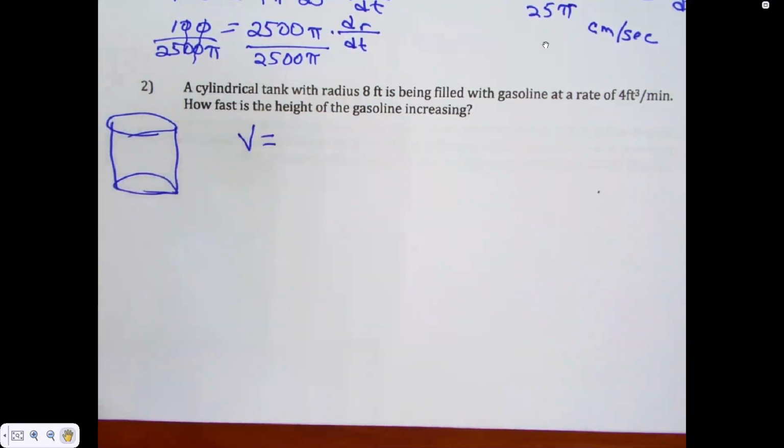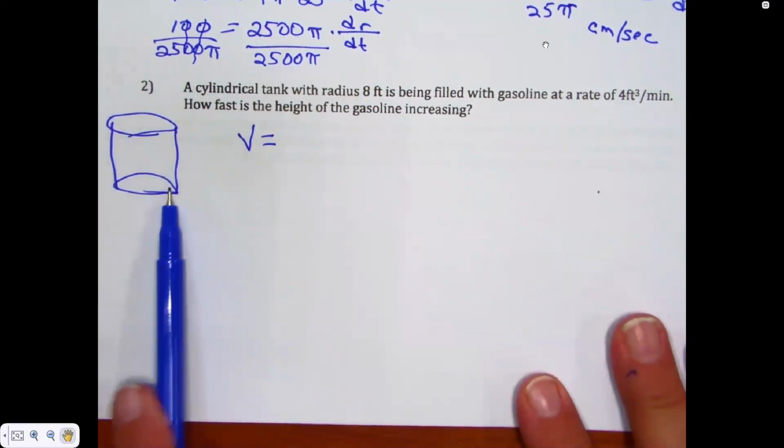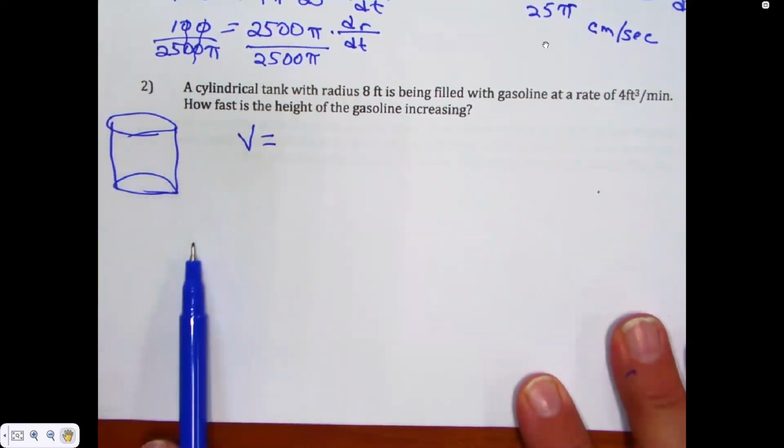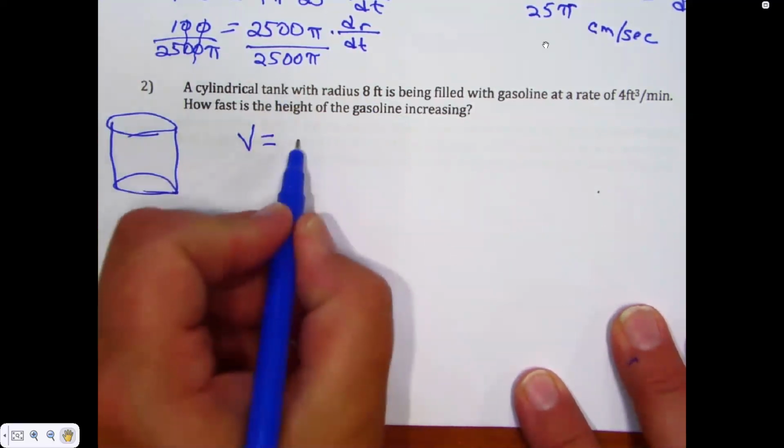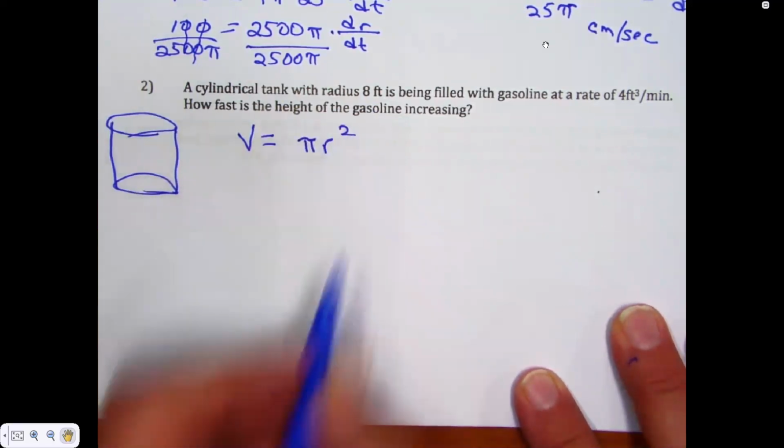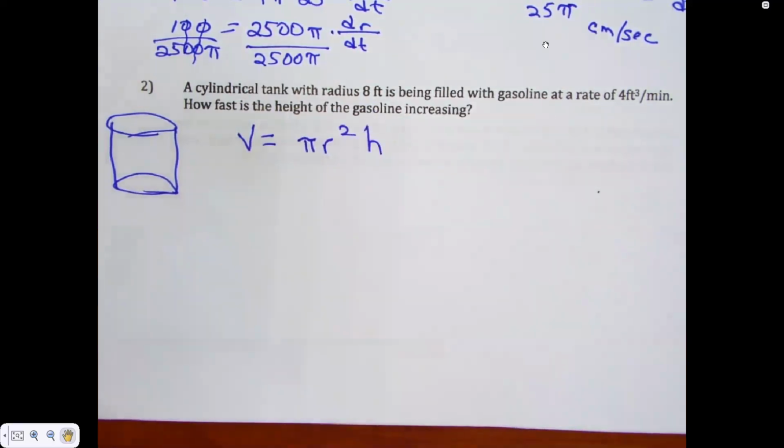You know the formula for volume of a cylinder? Area of the base times the height. So area of the base, it's a circle, so pi r squared times the height. Once you see that for all cylinders, that's pretty much what you're going to use.